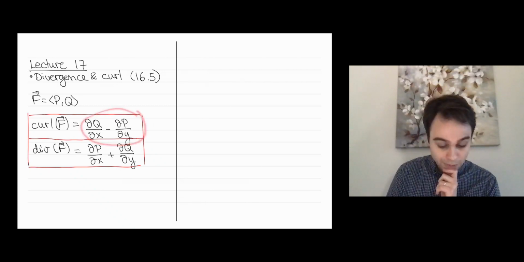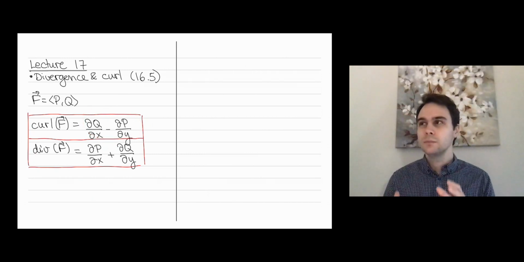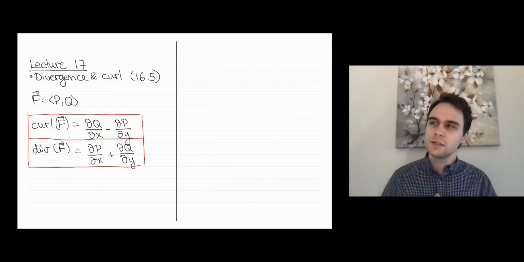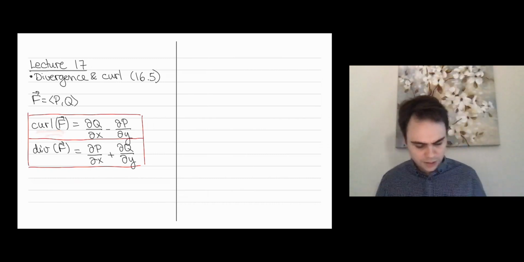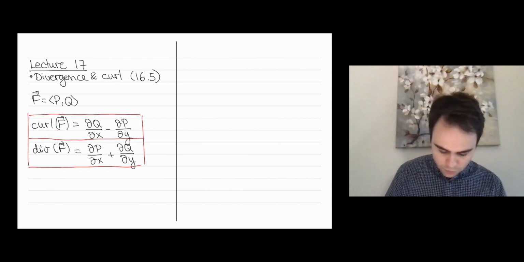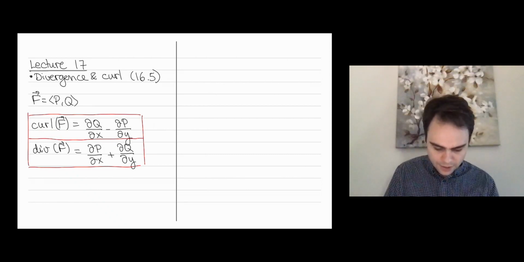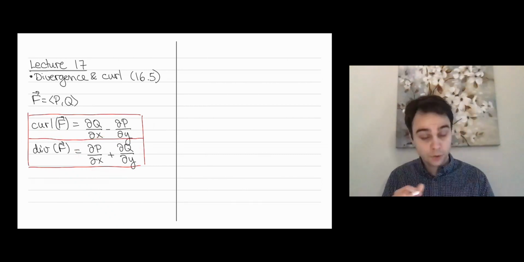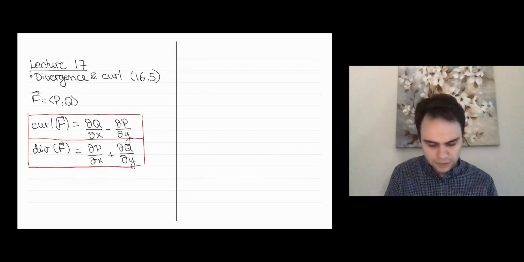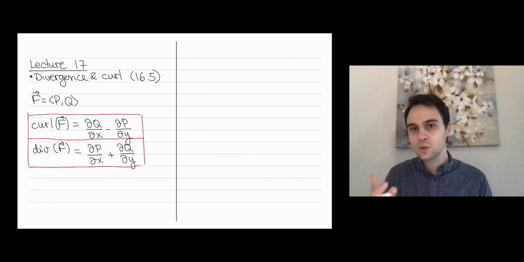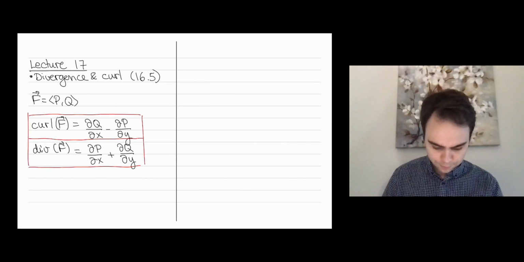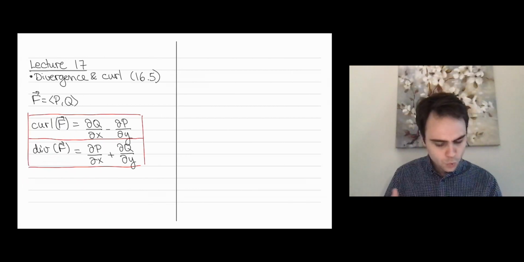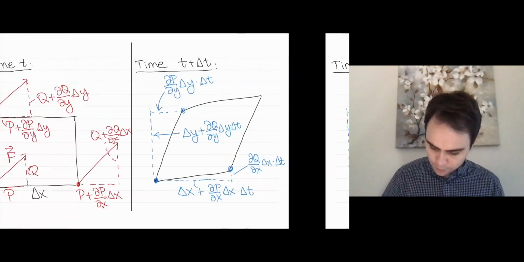And so we're going to write a version of Green's theorem that involves curl, and we're going to think about it for a little bit and see that it makes sense in the context of fluid mechanics. It makes intuitive sense. Then I'm going to change a sign and show you that Green's theorem can also be written in terms of divergence, and that it also makes a lot of sense when we think of it in terms of fluids again.